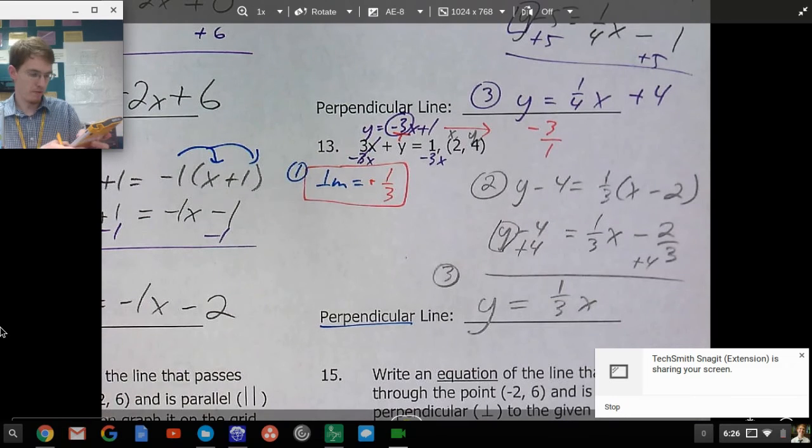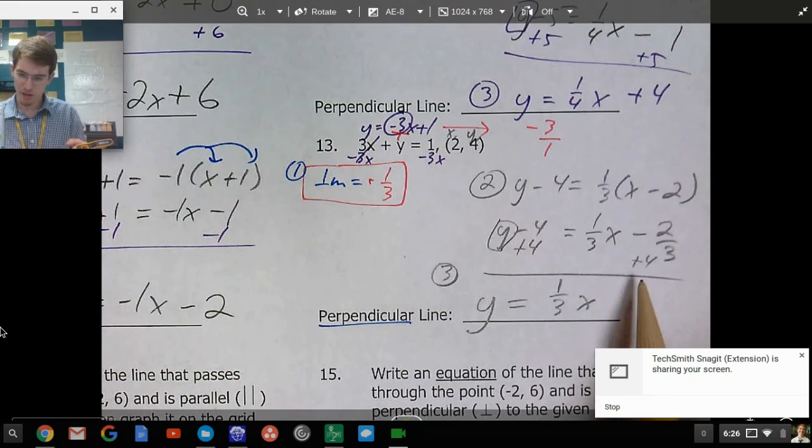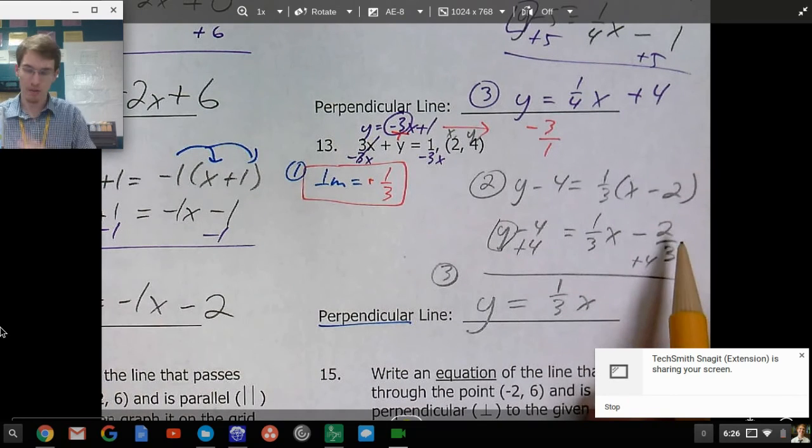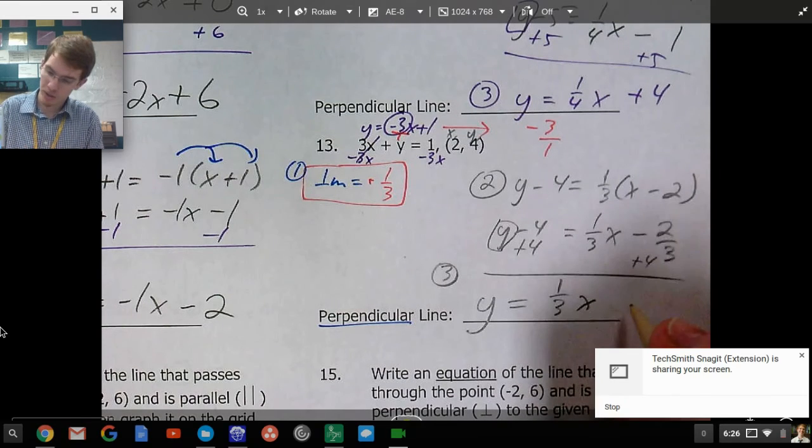Now, if you're well versed in your fractions, that is 12/3, not 12/4. So minus 2, we get 10/3. So plus 10/3.